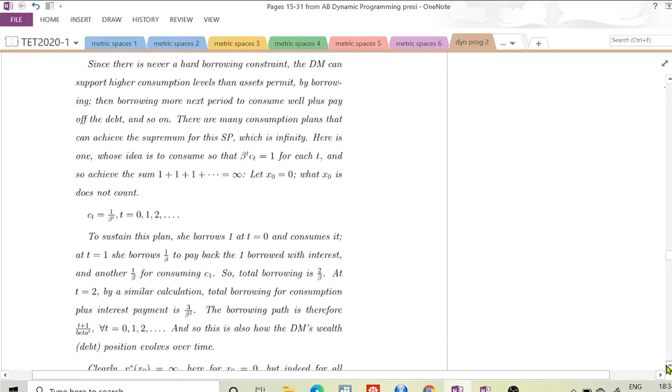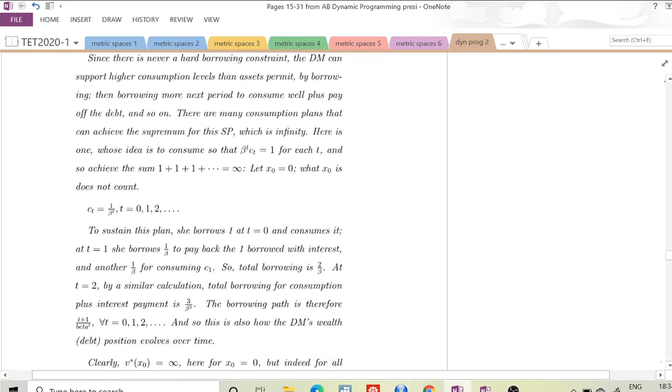If there's no hard borrowing constraint, then the following is one feasible consumption path: at each time, ct I consume something that makes beta raised to the t ct equal to 1.